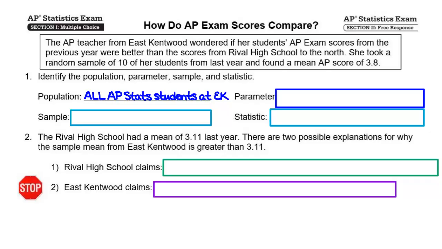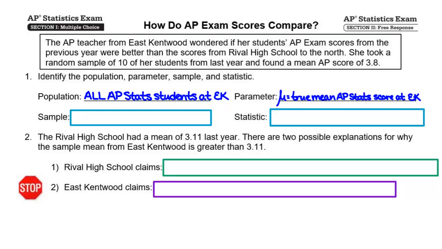What would the parameter be? Yes, the true average, or the true mean AP Stats score at East Kentwood specifically. The mean AP exam score at East Kentwood. So what would the sample be?